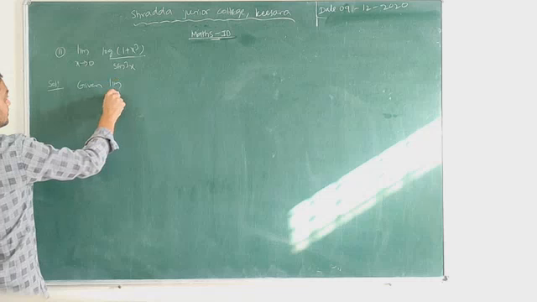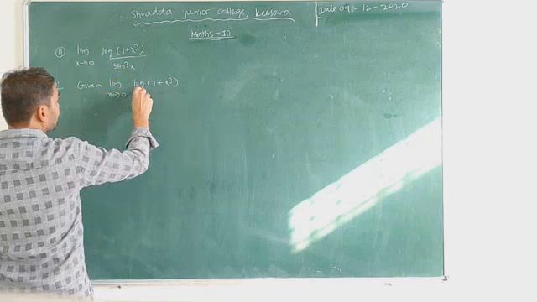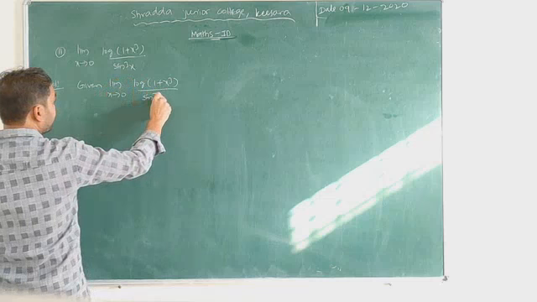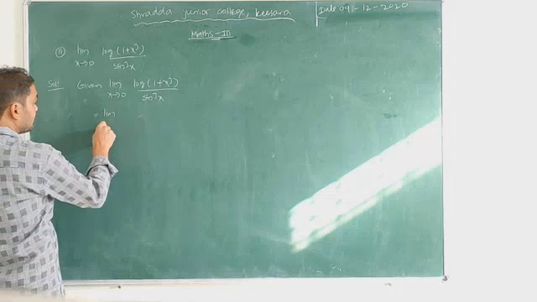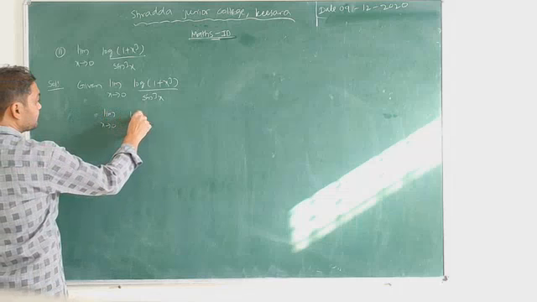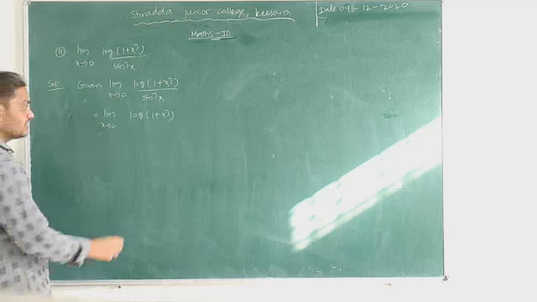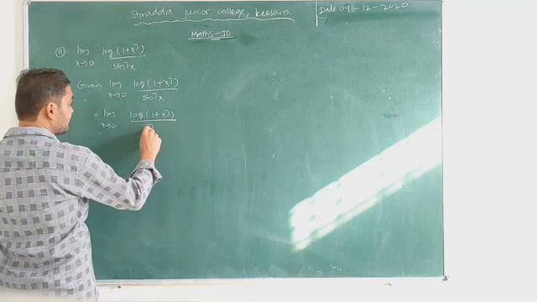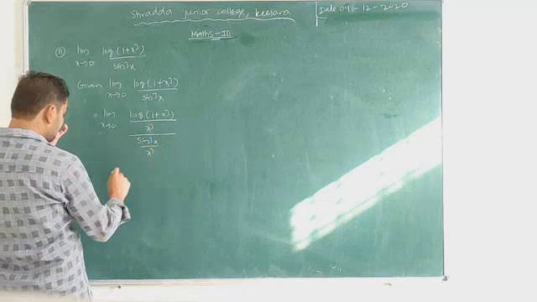Limit x tends to 0, log of 1 plus x cube by what? Sin cube x. Now here, limit x tends to 0, the numerator and denominator is divided with x cube. Now sin cube x by x cube.